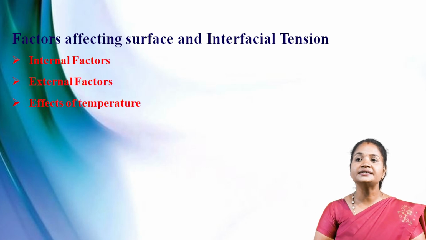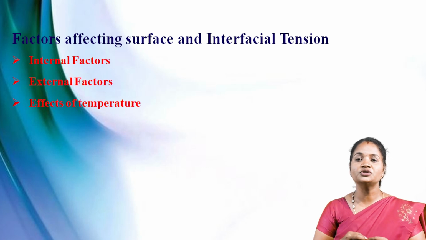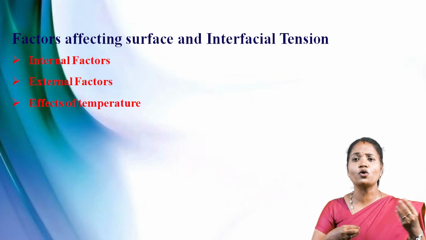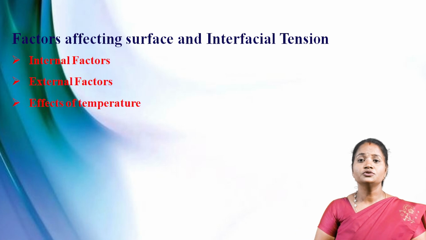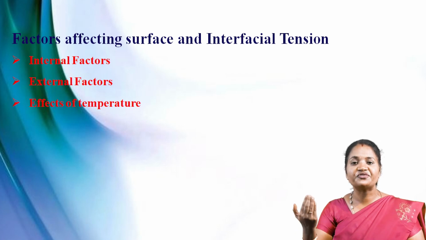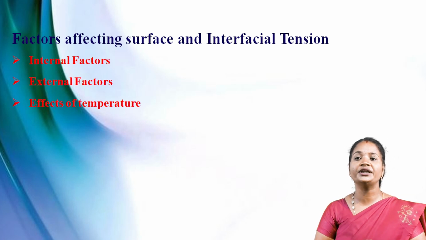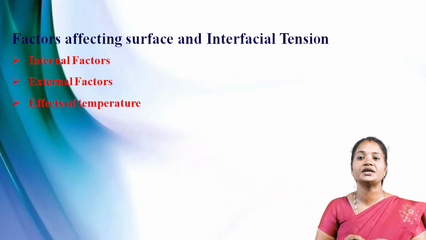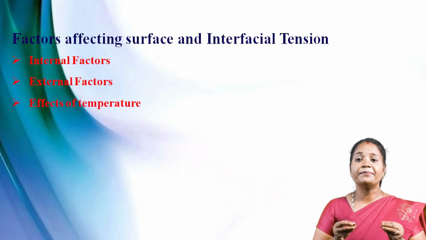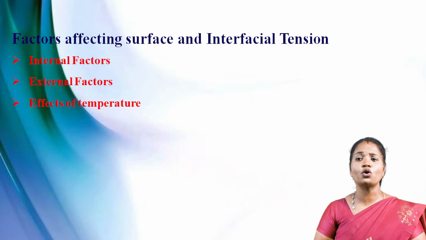Molecules feel certain attractions because of their neighboring molecules. This intermolecular attraction affects the surface tension as well as the interfacial tension, and the magnitude of intermolecular attraction shows in the magnitude of surface tension. So by measuring the surface tension, we can easily calculate the magnitude of intermolecular attraction.